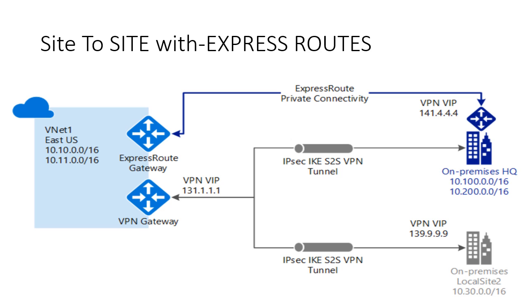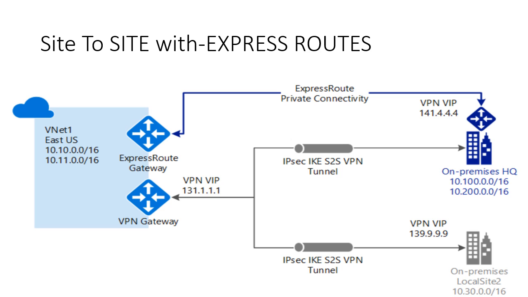We have two gateways in the same network. One is of ExpressRoute type, one is a VPN gateway. So remember, we can create only one VPN gateway in one network, or one ExpressRoute gateway type in one network. We cannot create two VPN gateways in the same network.